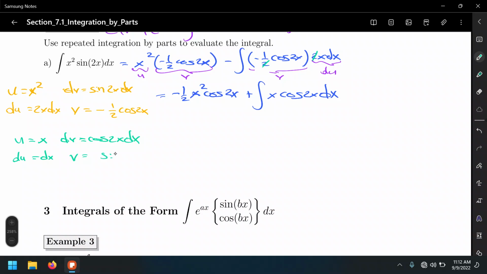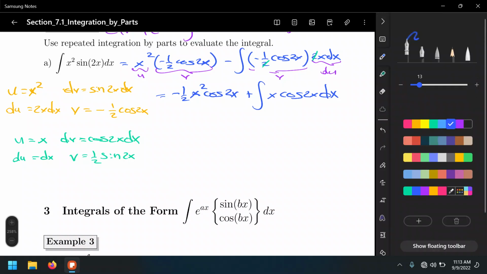Positive sine, right? That's the positive sine 2x and times 1/2 outside. Okay, so we have everything ready to compute this integration by parts.